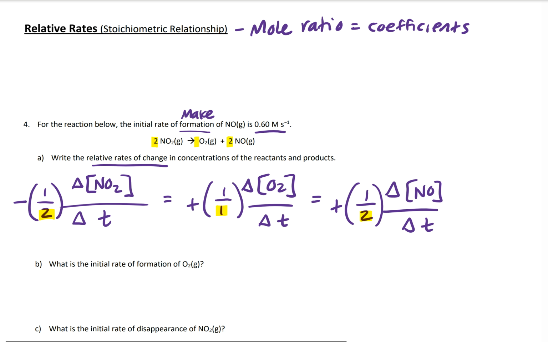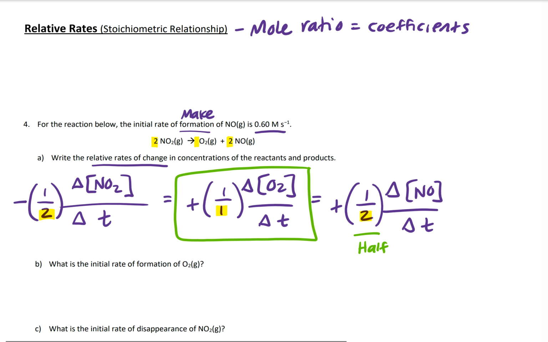What this is essentially saying is that if I examine O2 and put everything with respect to O2, O2 is being made at a rate that is half the rate of NO. Oxygen is being made at a rate half that of NO, and that's because its coefficient is 1 and NO's coefficient is 2, so 1 is 1/2 of 2.